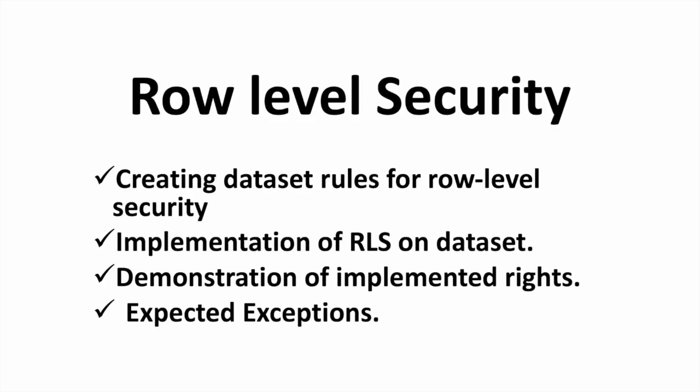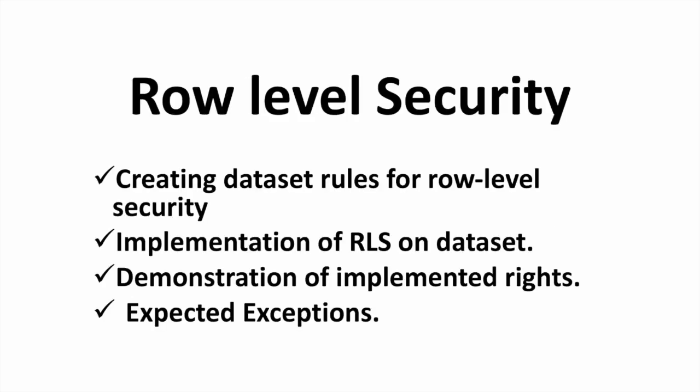Today our agenda is row level security. Let's see the prerequisites and the basic core understanding required to implement row level security in QuickSight. Let's move to the next slide.